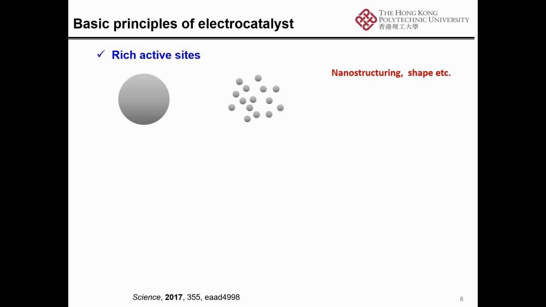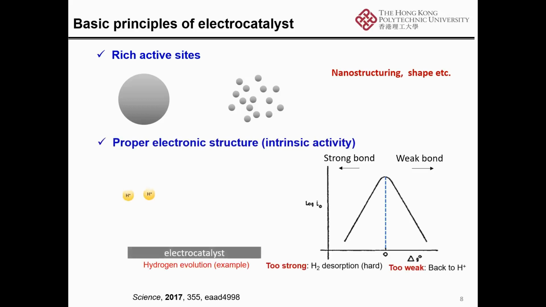The first way is to decrease the size of the materials. If the size is decreased, the active area is richer, so such material will give more activity or high current density. And the other way is to give proper electronic structures to increase the intrinsic activity of the catalyst.